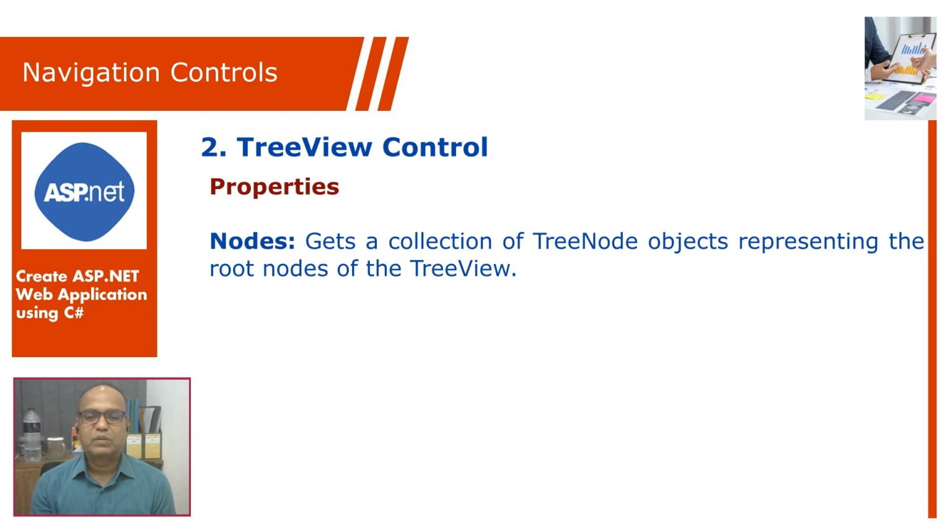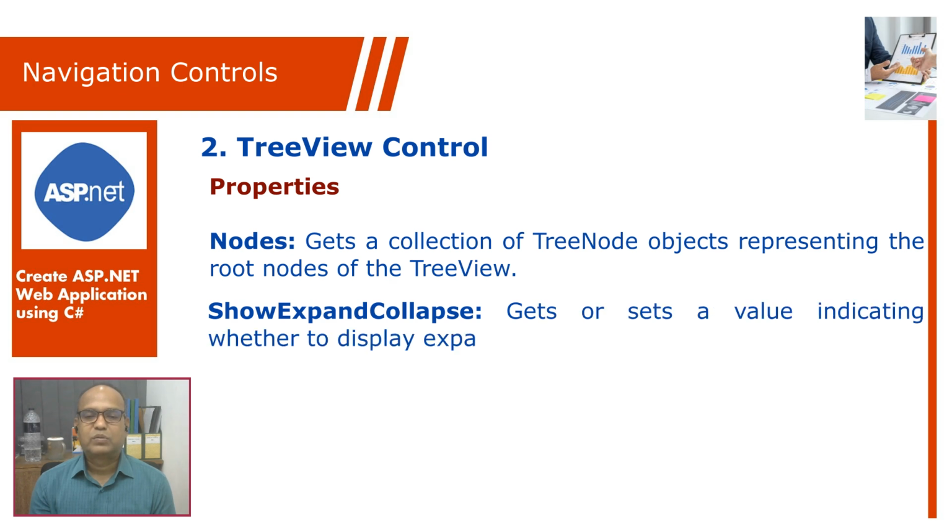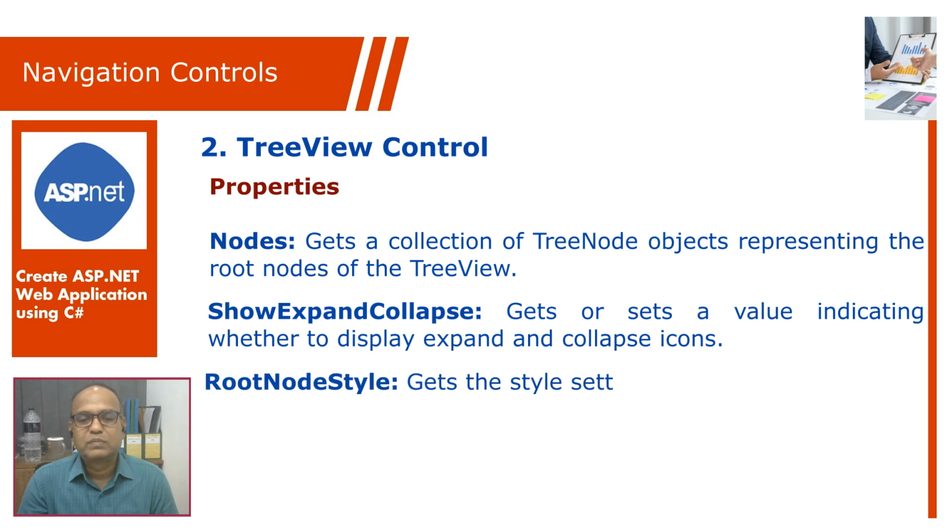Nodes gets a collection of tree node objects representing the root nodes of the tree view. Show expand collapse gets or sets a value indicating whether to display expand and collapse icons. Root node style gets the style settings for the root node.